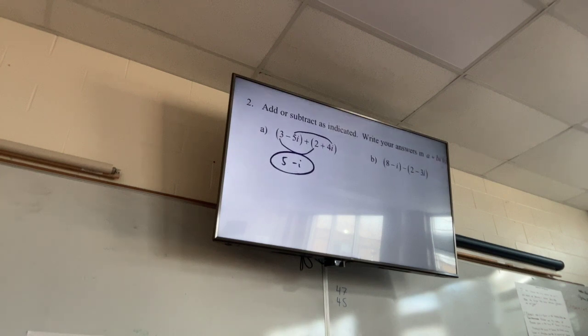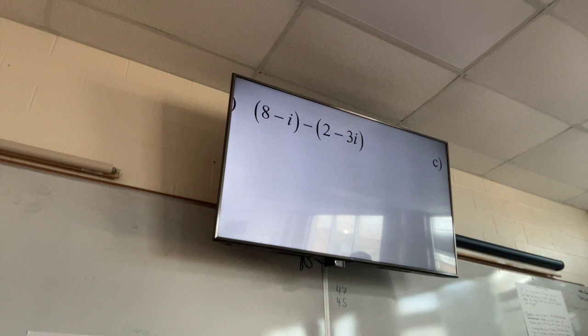Okay. B, again, it's a minus in between, right? So we're not going to FOIL. What are we going to do? I like to distribute the negative. So 8 minus i, then that becomes a minus 2 and a plus 3i. Alright, and then I just combine like terms.